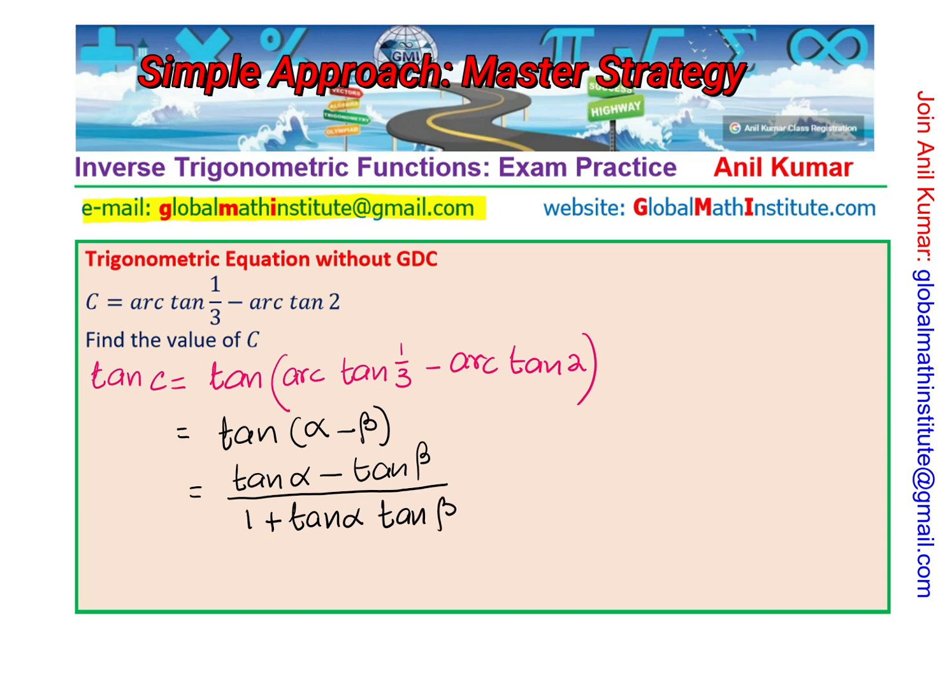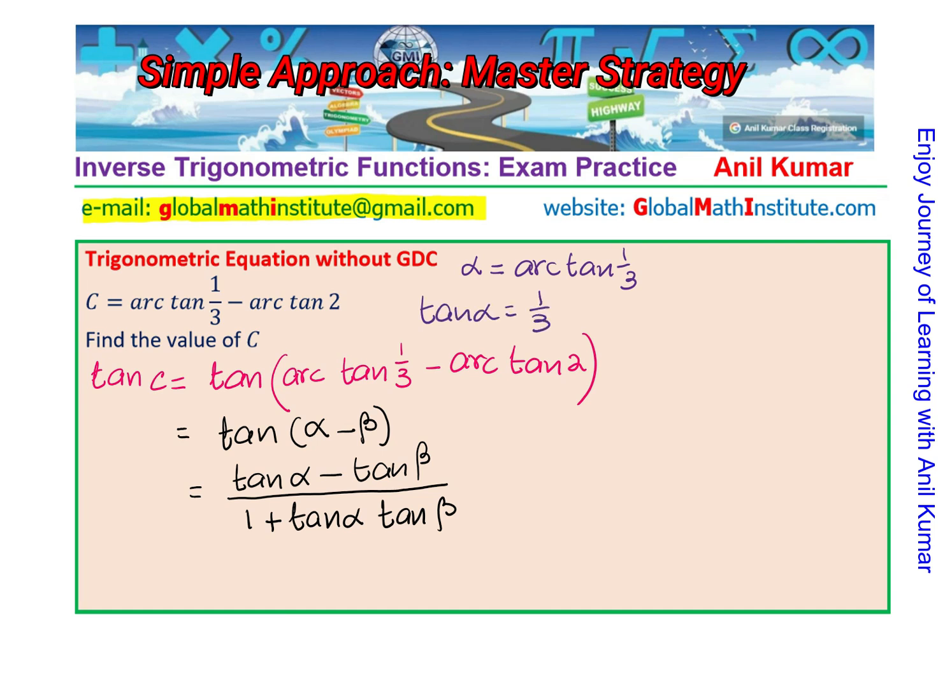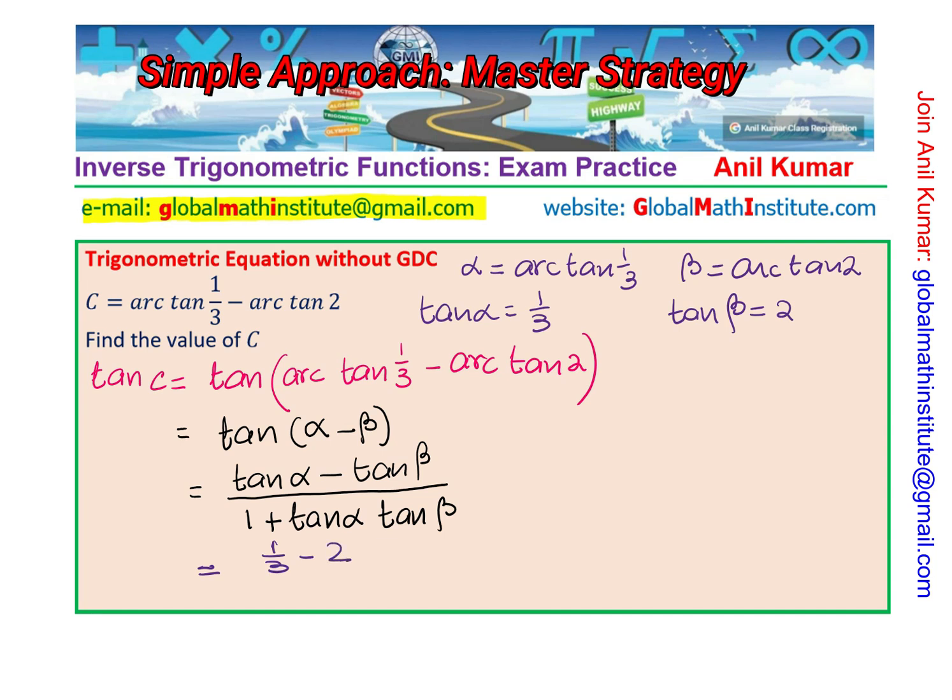Now we know the values of tan alpha and tan beta, because alpha is equal to arctan 1 over 3, so tan alpha is 1 by 3, and similarly beta is arctan 2, so tan beta equals 2. So we can substitute these values here: 1 over 3 minus 2, over 1 plus 1 over 3 times 2.